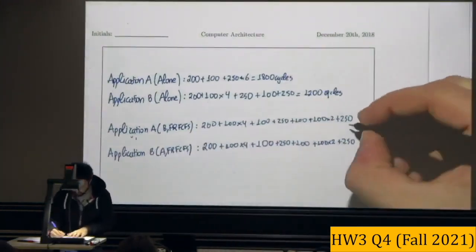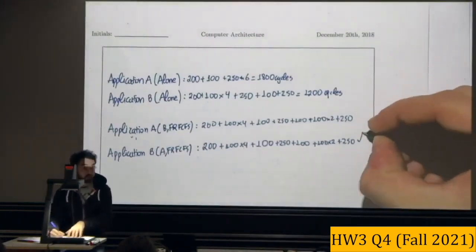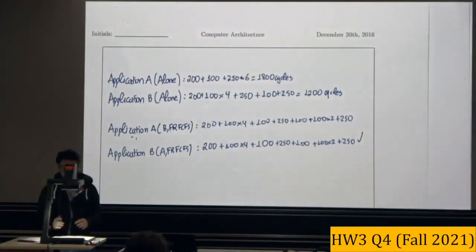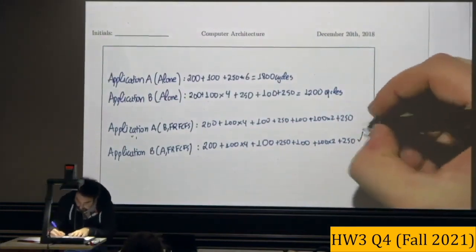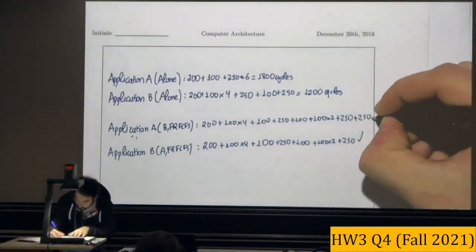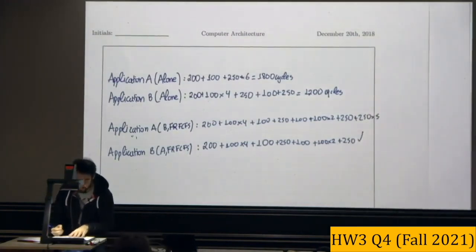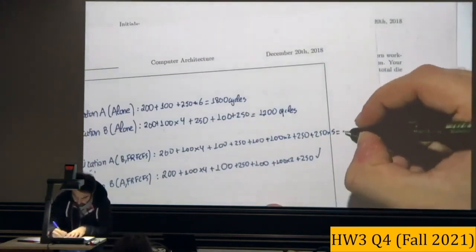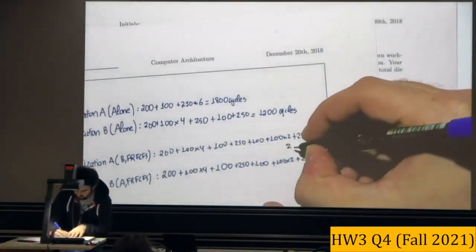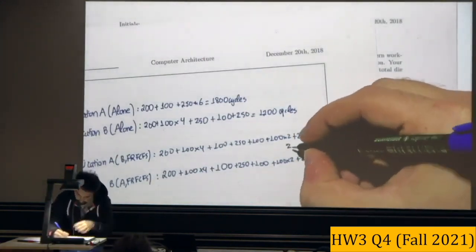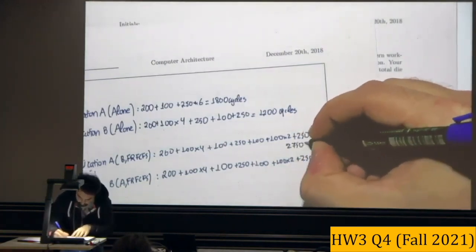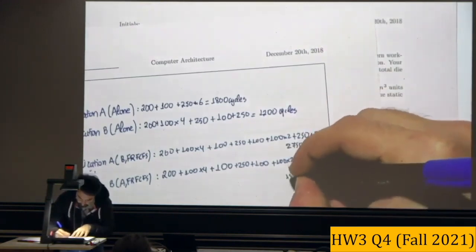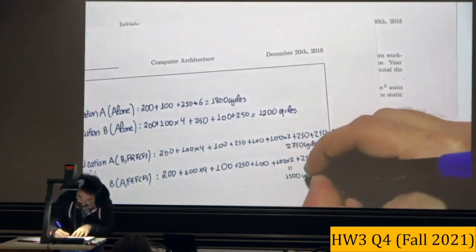So application B is done because we executed all the requests from application B. So this is the total memory latency. And here we have 250 multiplied by 5. So this number is equal to 2,550 cycles, and this number is equal to 1,500 cycles.